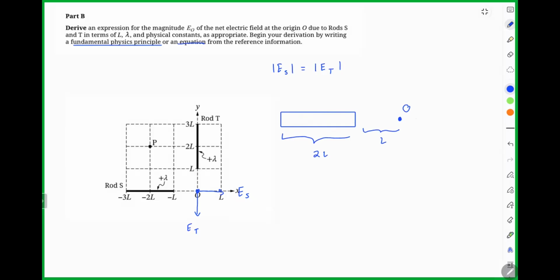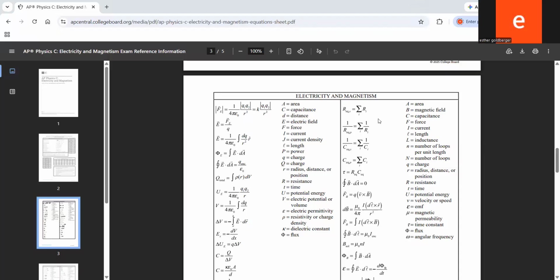So if we jump to the reference sheet, let's have a look at what seems relevant. So looking at our reference sheet, recall that what we're looking for is to find the electric field of our rod. And so that seems to be a case of us wanting to integrate the electric field along a charge distribution. So that's going to be our starting point.